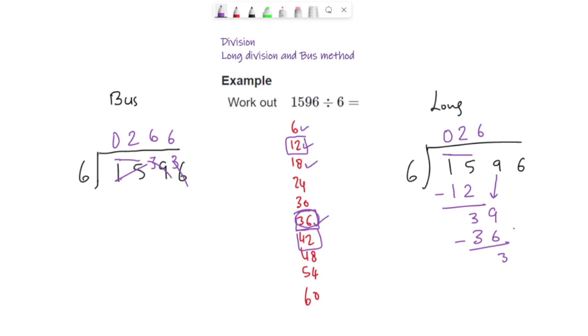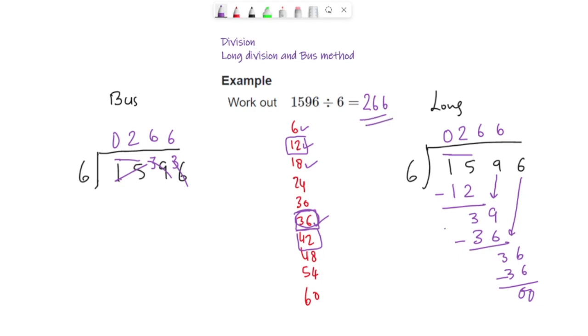Remainder is 3. And I will bring down 6, which is 36 again. 6 times 6 is 36. And 36 minus 36 is 0. There is no remainder, so there is no decimal number in the answer. The quotient is 266. This is how we do the long division method.